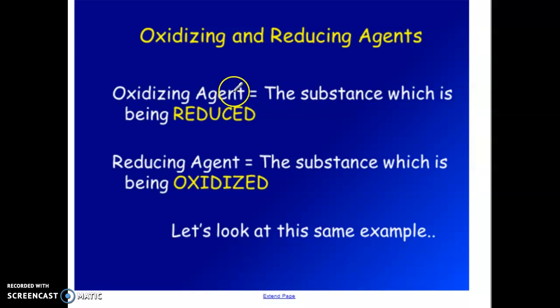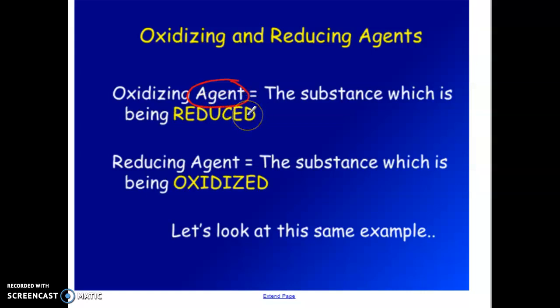Now, when you think of the term agent, maybe like a secret agent or FBI agent, an agent is something that is helpful, hopefully. So let's say somebody is a secret agent and they're trying to investigate some sort of crime or criminal activity.